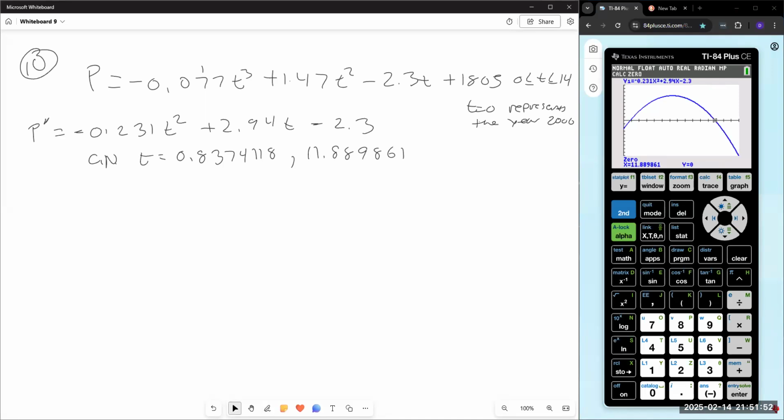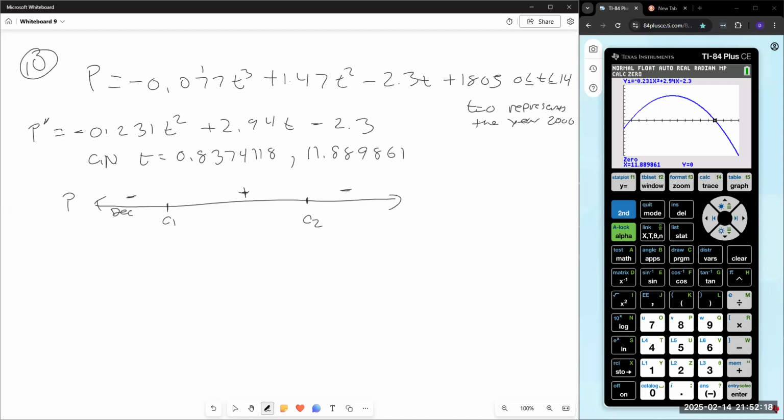We can also see from the graph of our first derivative, let's call these C1 for critical number 1 and C2 for critical number 2, that the first derivative is negative, then positive, then negative.